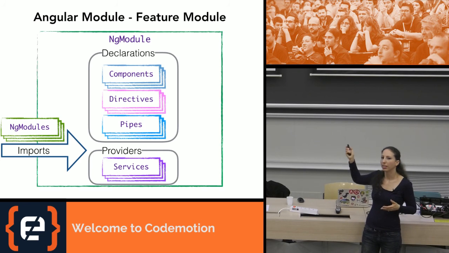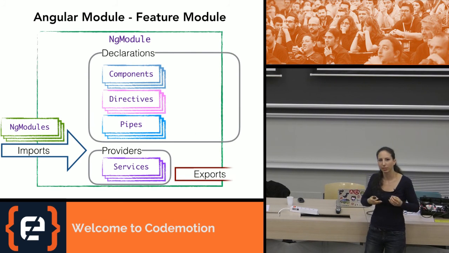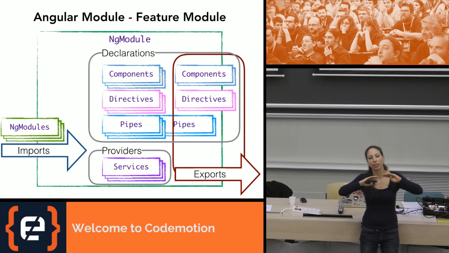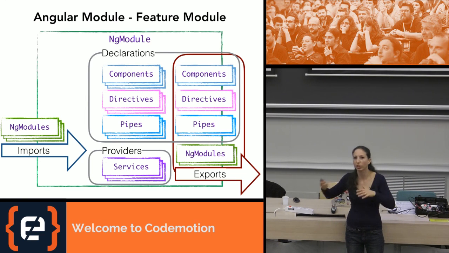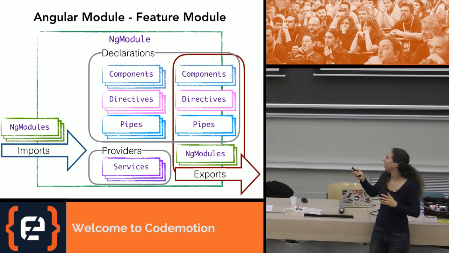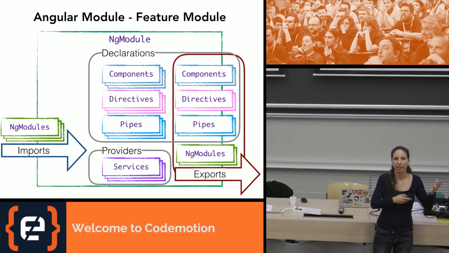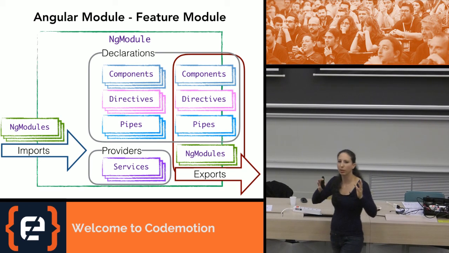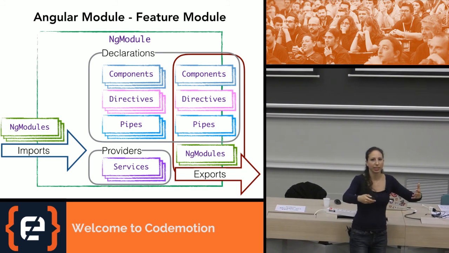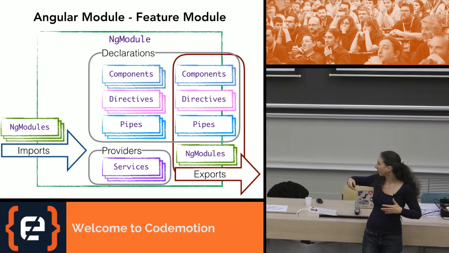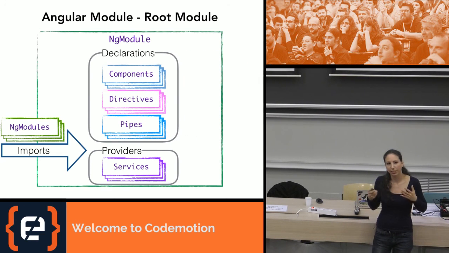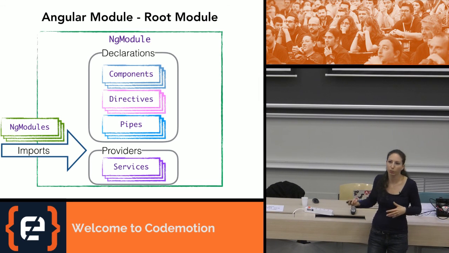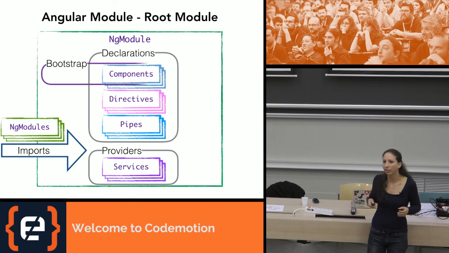When we provide a service, like I said, it creates one instance that you can use wherever you want in your application, not only in the components that belong to this module, and you can export some of these things outside. So you can encapsulate some of the functionality within the module, and you can expose it and make it public for other modules to use. And if this is the root module, then you don't have anything to expose outside because it's the root, and you just have to declare the main component, the root component that you're using.